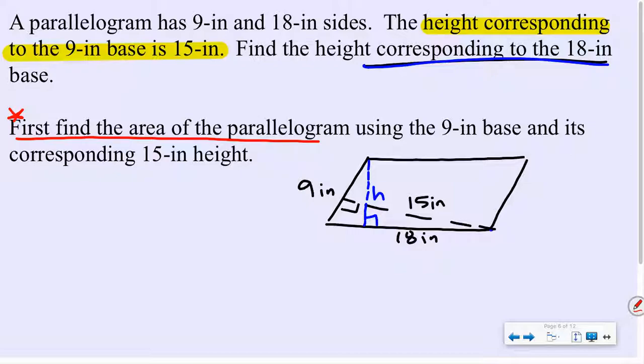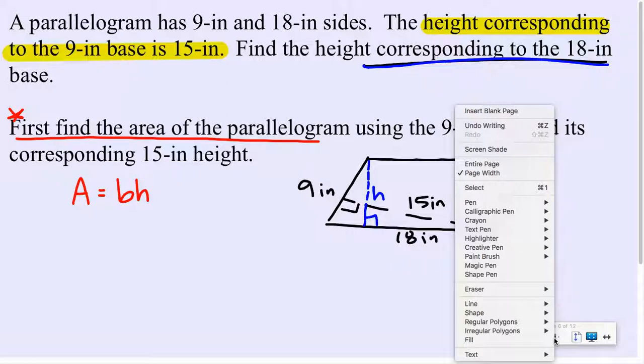How do you find the area of a parallelogram again? Good. And the base and the height have to make a what? Good. I have two bases, 9 inches and 18 inches, since I have two sides. And I have two heights, h and 15. Which one should I use if I want to calculate the area, h or 15? 15, right?